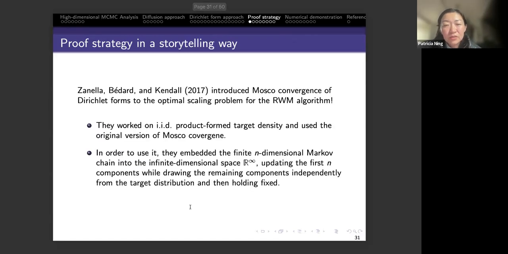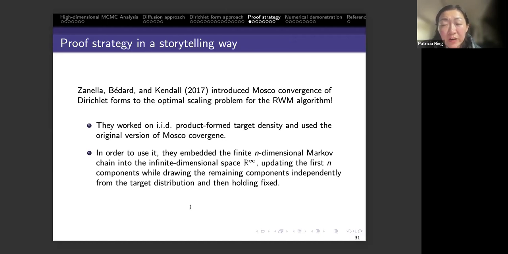Okay. So now I'm going to skip the proof strategy due to the time constraint, but I want to acknowledge that I'm not the first to work on the Mosco convergence of Dirichlet forms in the optimal scaling problem for RWM. The first work was introduced in the year 2017 by Zanella, Bédard, and Kendall.